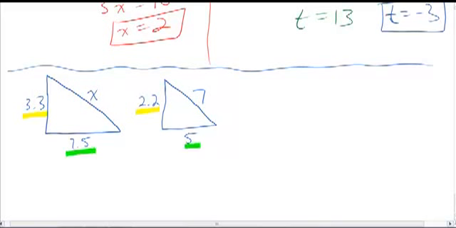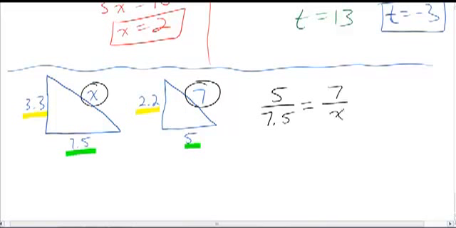Those are corresponding sides. Either way. So let's use the 5 because it's a pretty easy number to use. So what we're saying is 5 over 7.5 is equal to, well, what am I trying to figure out? I'm trying to figure out x, and its corresponding side length is 7. So that's 7 over x.